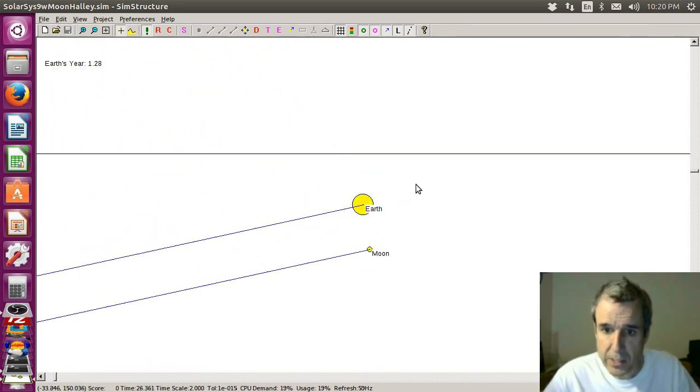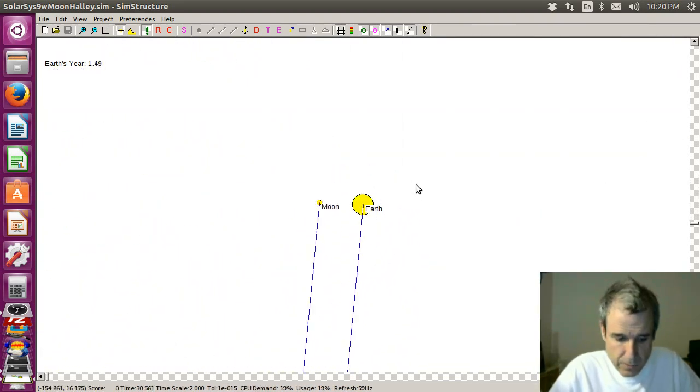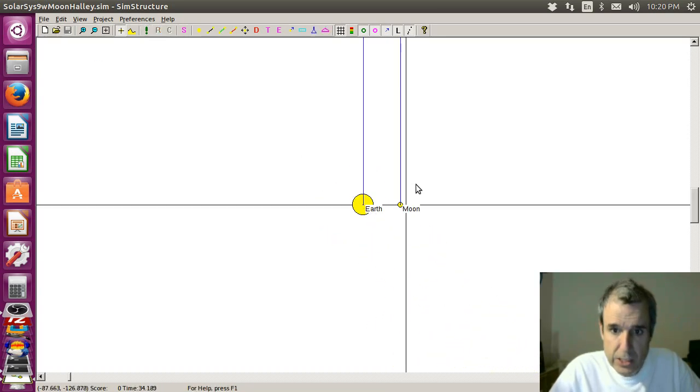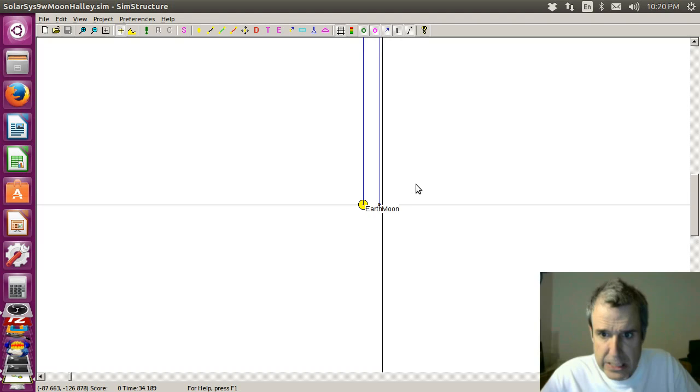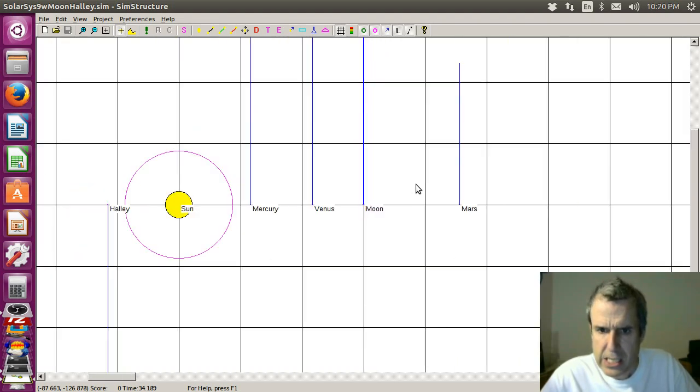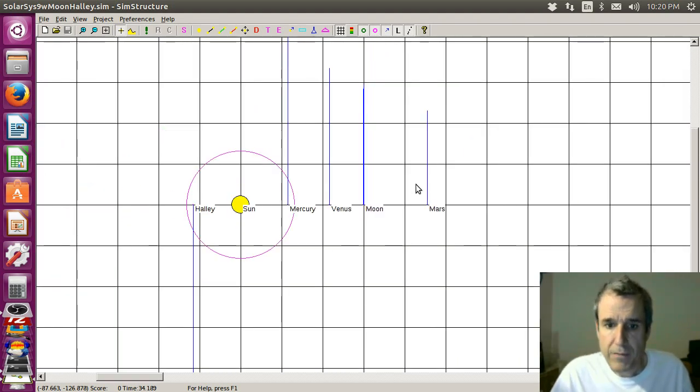the moon is spinning around the Earth. If you tried to set up a solar system, it takes a long time for them to settle into an orbit, something like that. It's not easy doing it.